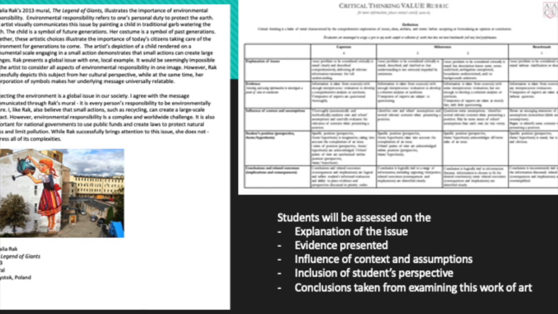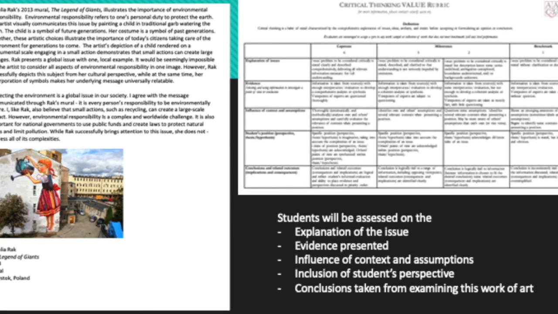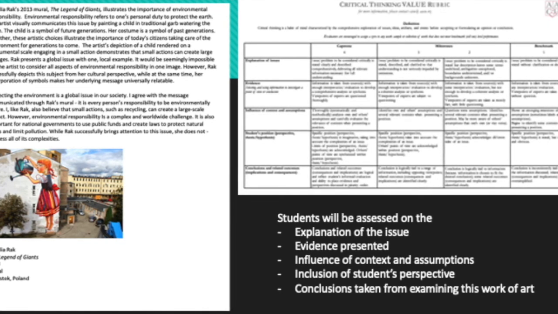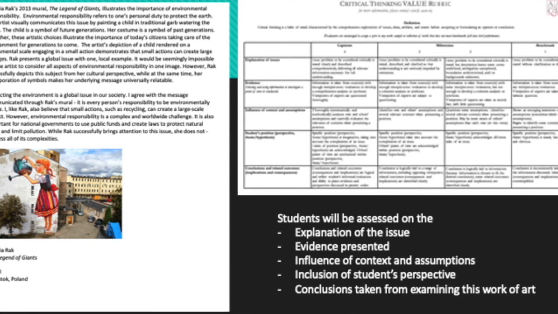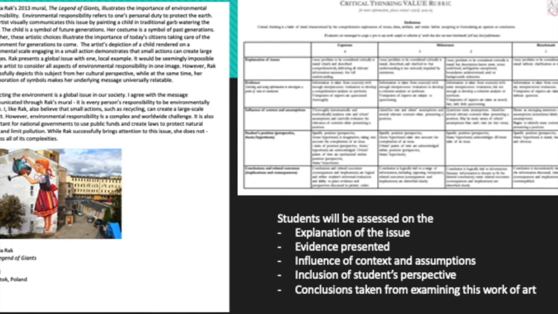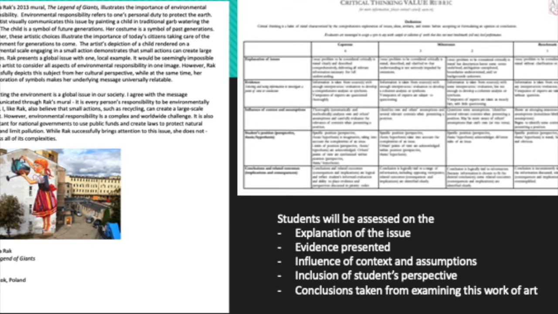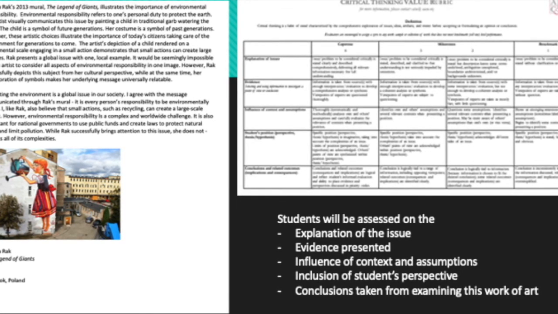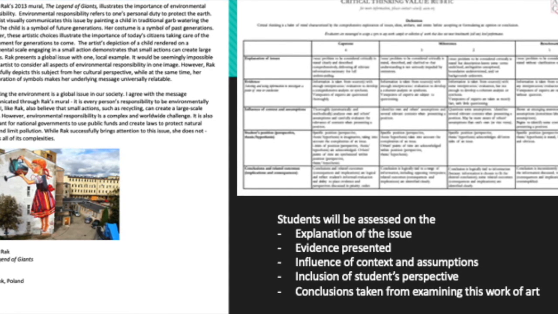Explanation of the issue. So here the issue or the problem is clearly stated and then described. I want you to define your terms. So in the second sentence of my response, I defined what environmental responsibility means. Then the next part is evidence.